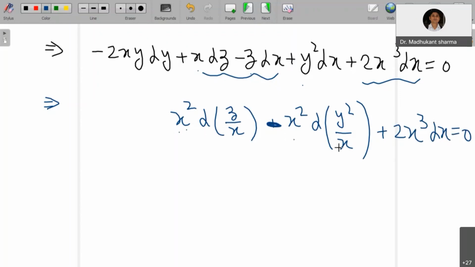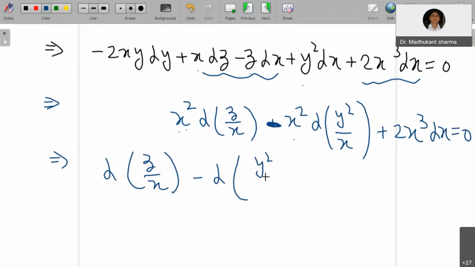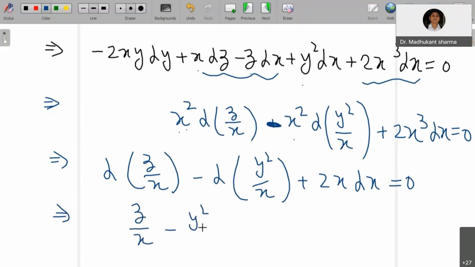Now this x square can be adjusted. Now you can divide, and that will be giving you d of y square by x plus 2x dx is equals to 0. Now it is easy to integrate. Integrating both sides, what we will get is z by x minus y square by x plus x square, that I will call as v.